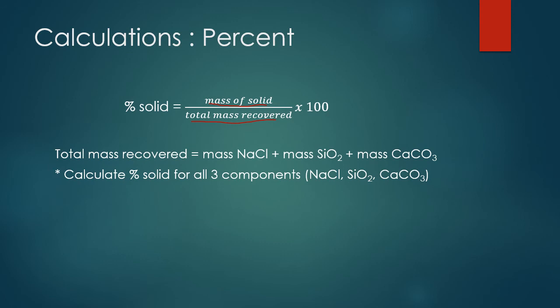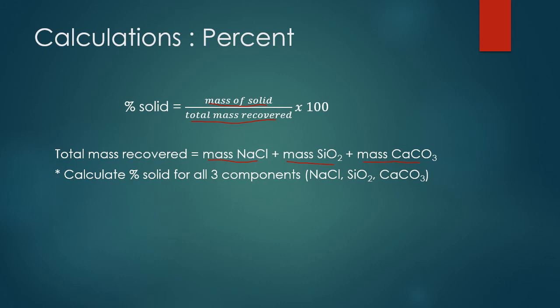You're going to find the mass of the solid that was in beaker 2 and add that to the mass of the solid that was on the watch glass. And then add that to the mass of calcium carbonate that we calculated on the previous slide. This will give you your total mass recovered that will go in the denominator of this equation.